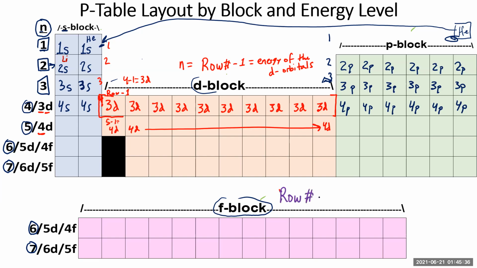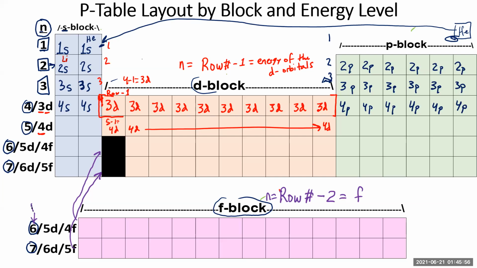Row number minus 2 equals the F orbitals. So n equals that. For example, when we're at row 6, and remember the F block is part of the periodic table, these are actually rows 6 and 7.